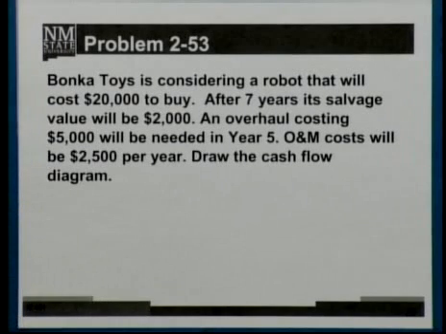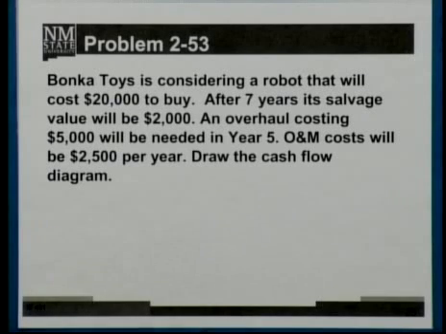So it's 2-53. Bonka Toys is considering a robot that will cost $20,000 to buy. After 7 years, its service value will be $2,000. An overhaul costing $5,000 will be needed in year 5, and operation and maintenance cost will be $2,500 per year.